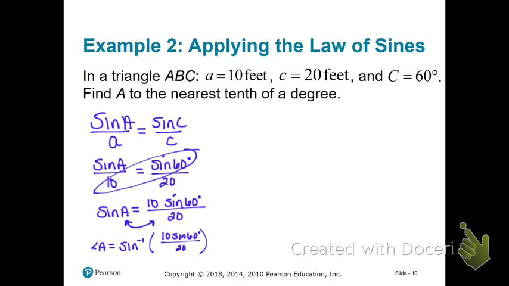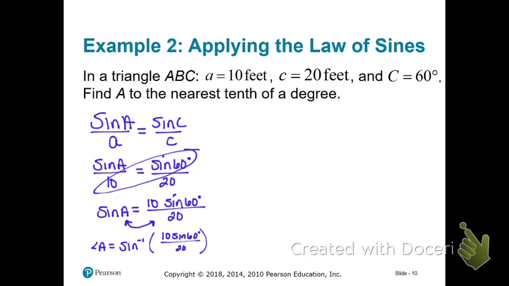But we have to think about something when we're looking at our angles, okay? So we know our angle is going to be positive, correct? But what quadrants is sine positive in? 1 and 2, right? So can I have a quadrant 2 angle and still have a triangle?